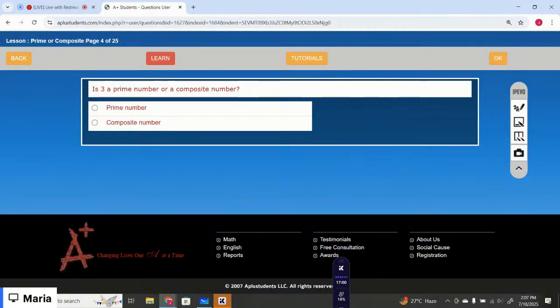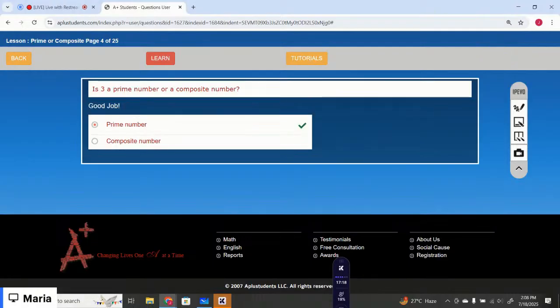Is 3 a prime number or a composite number? Yes, prime number it is. 3 is a prime number. So option number 1 is the correct option.